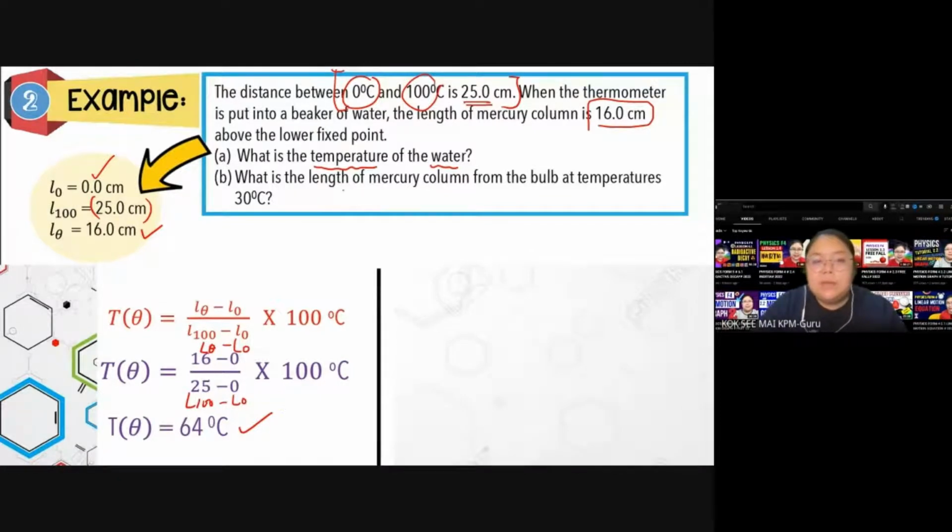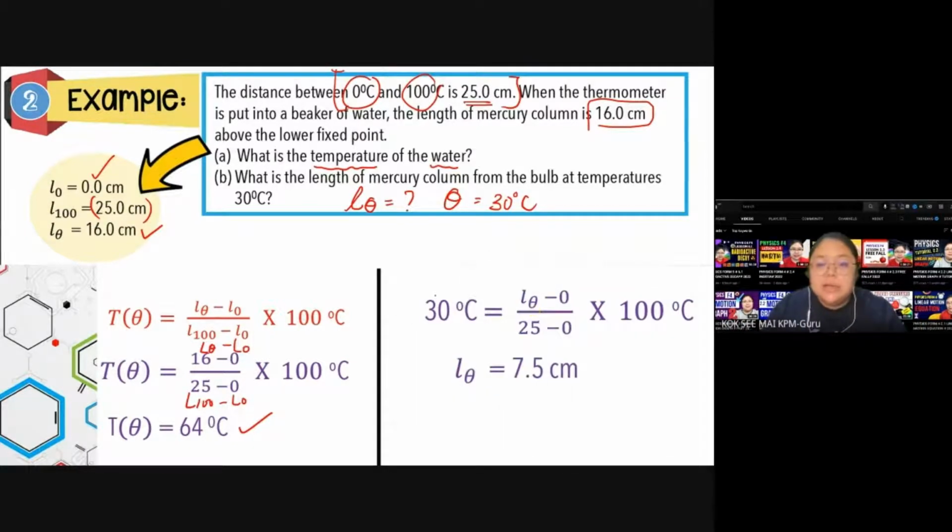For the B, what is the length? Okay, reversed. They want to find L theta when theta is 30 degrees Celsius. The formula is the same, we just need to rearrange the formula. So 30 I just put here, L theta I don't know, minus 0, over 25 minus 0, multiply 100. So I find L theta is now 7.5.